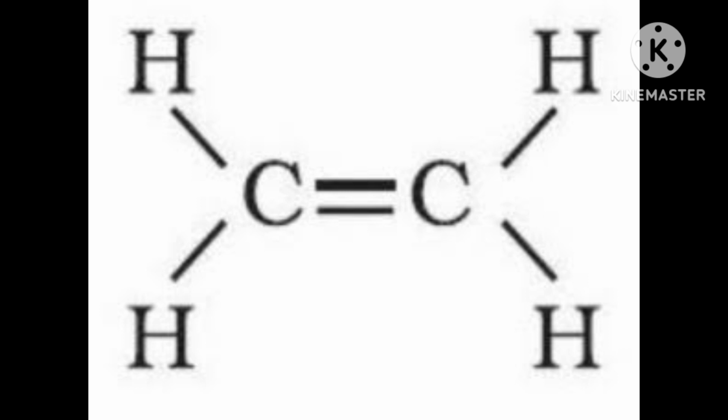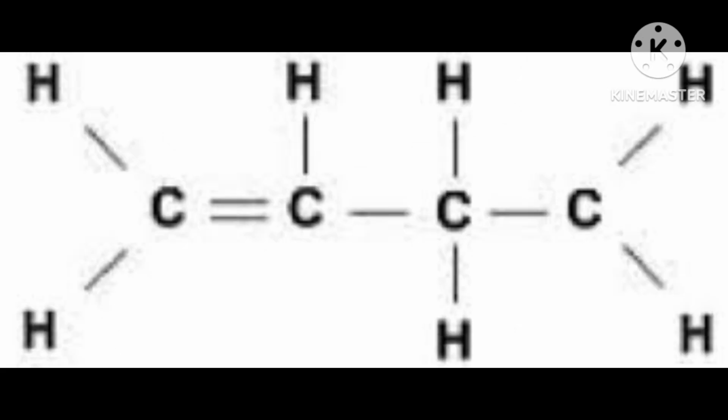In the CO group, 2 valency will be remaining, left side and right side, so you can write one dash on each. This is called the carbonyl group, CO group, C double bond O, with 1 dash on the left side and 1 dash on the other side.